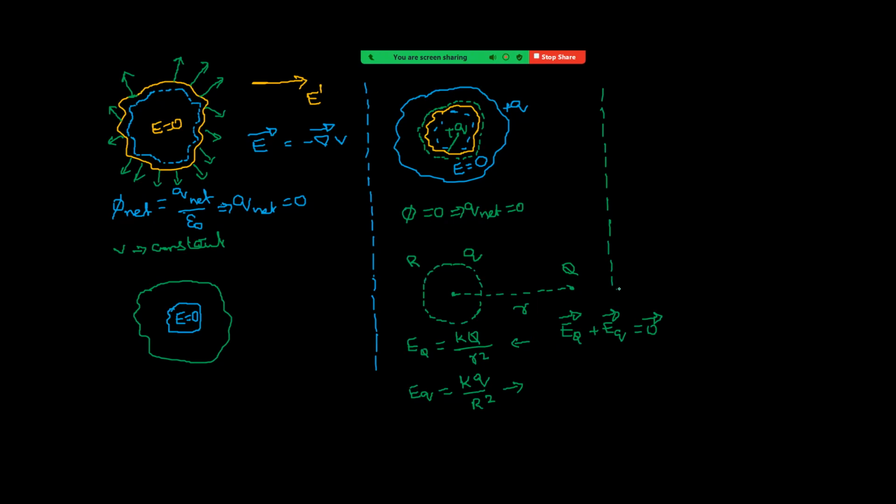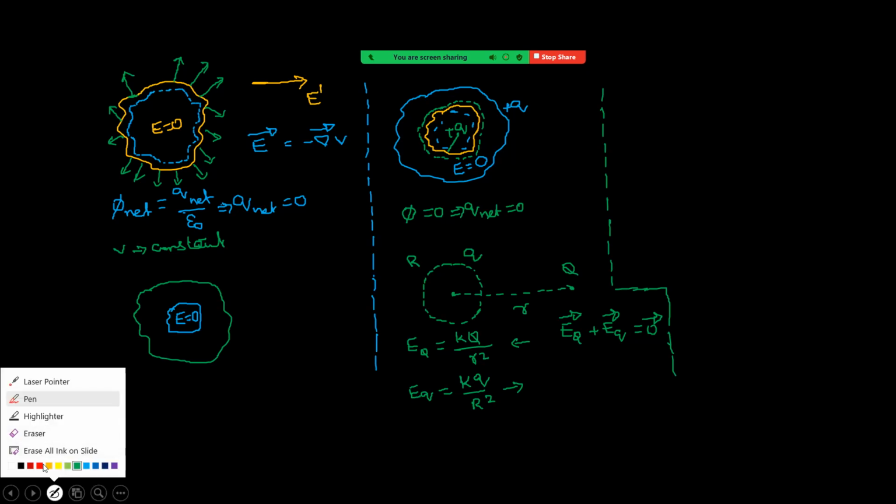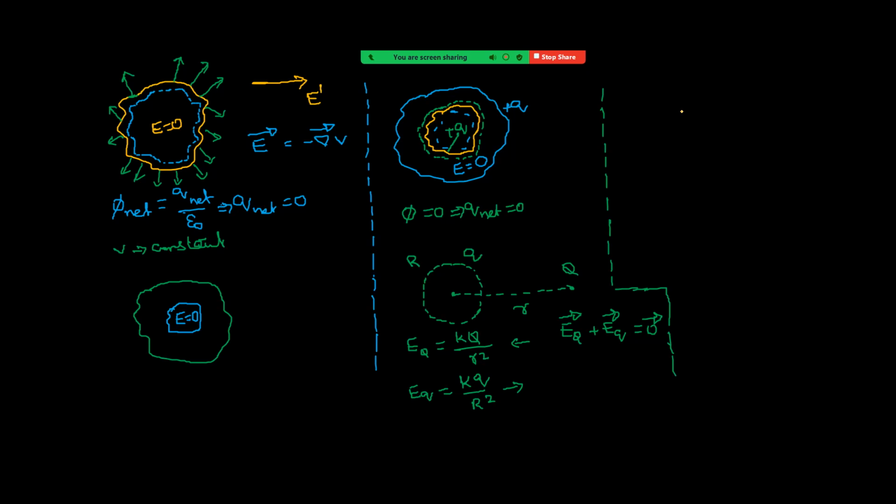Let us take one more point here. Let us consider this is a conductor. Inside the conductor, there is a cavity. Suppose it has a charge Q inside. And there is one more charge, let us say Q1, outside.